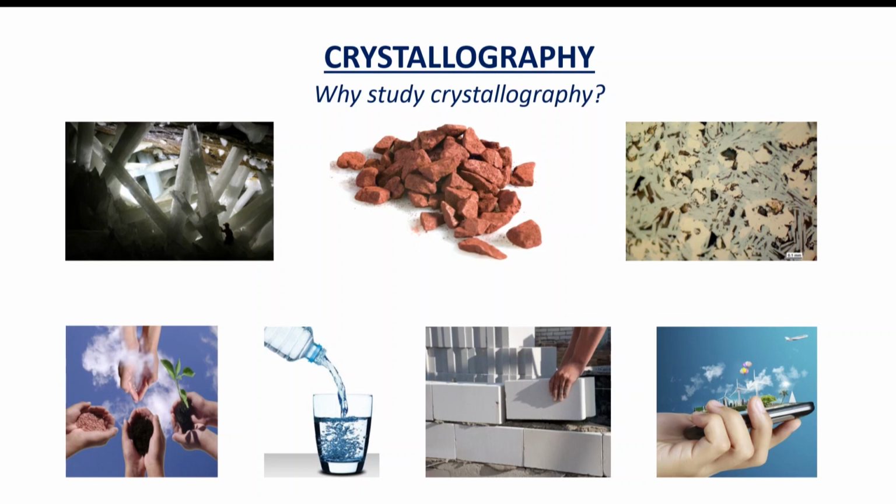It is basically based on the concept of osmosis, or sometimes reverse osmosis, and for that you need certain films or certain material through which the water will pass and the impurities will be separated from the rest of the water. For that also you need to have an idea about the crystal structure of the material that is being used as a separation between the pure form of water and its impurities.